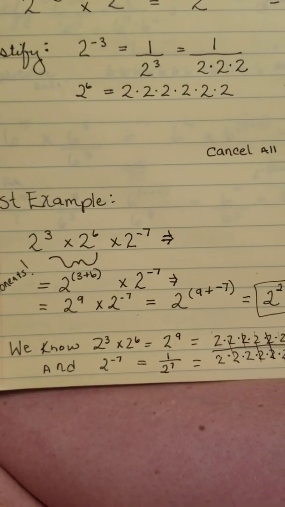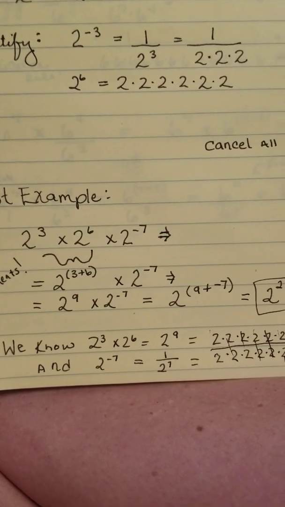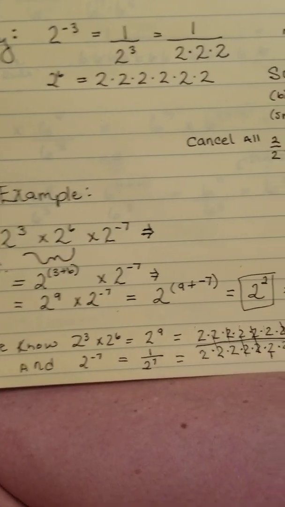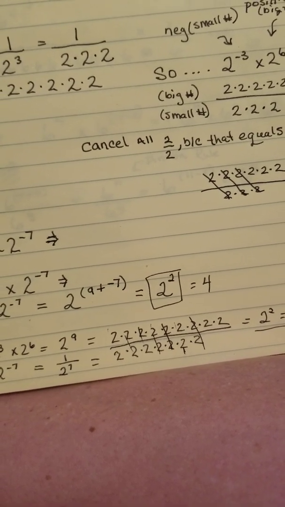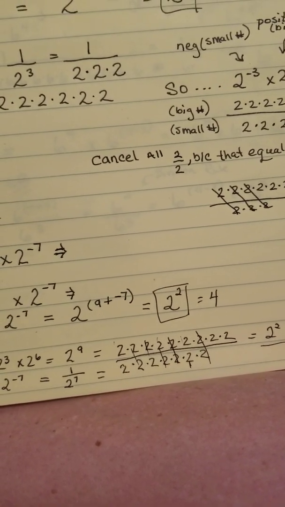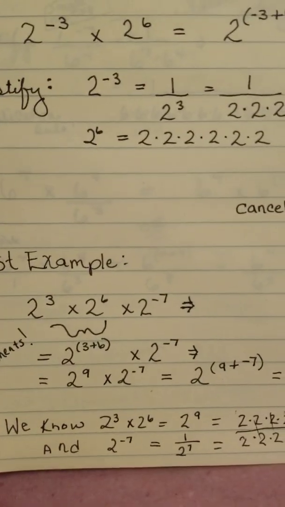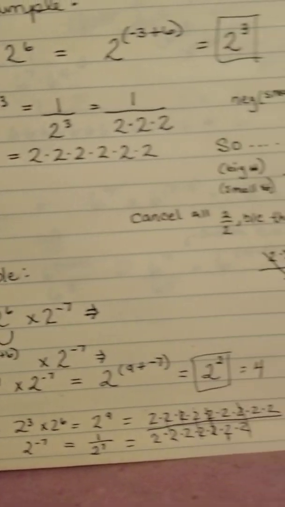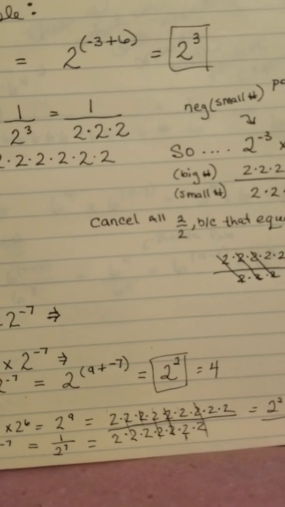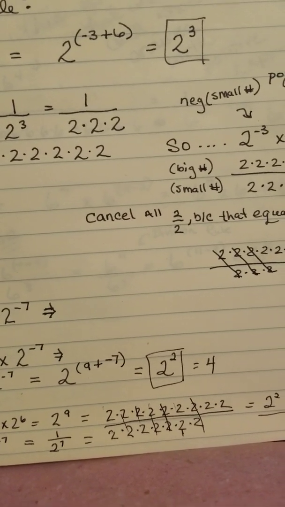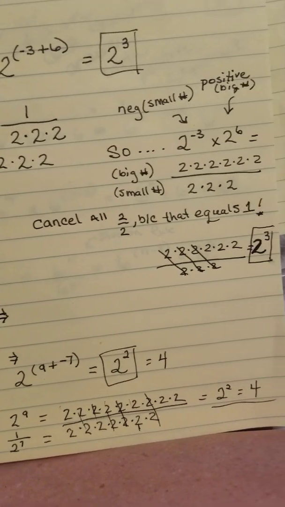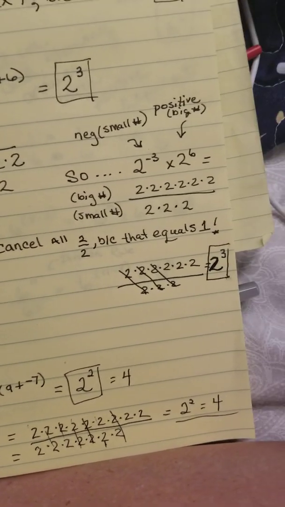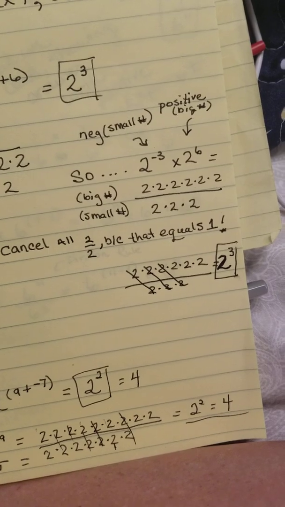What we want to do is justify this. We know that 2 to the 3 times 2 to the 6 is 2 to the 9. Very big number, so it's on top. We will have 9 2's being multiplied on top. And 2 to the negative 7 is a very small number, so we'll have 7 2's on the bottom. Cancel out the 2 over 2, and it is leaving us with 2 2's on top, which is 2 times 2, which is 4.